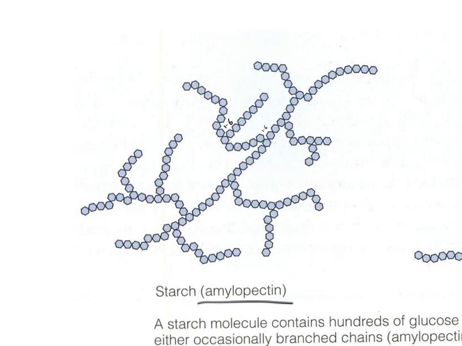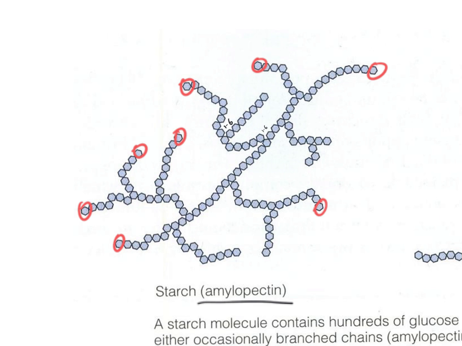We already mentioned that having a helical structure means that amylose can store a lot of glucose molecules in a small amount of space, i.e. it's a compact molecule, but having all of these branches means that amylopectin is good at releasing glucose molecules when they're needed, because every single one of these branches is where a glucose molecule can be removed at the same time. So the more branches it has, the more energy can be released.